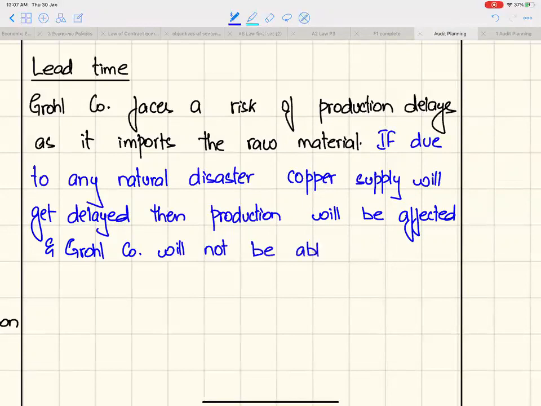So now this is the impact. Will not be able to meet customer orders.